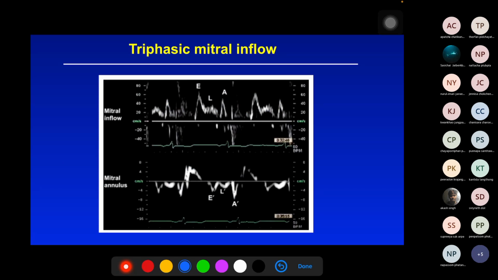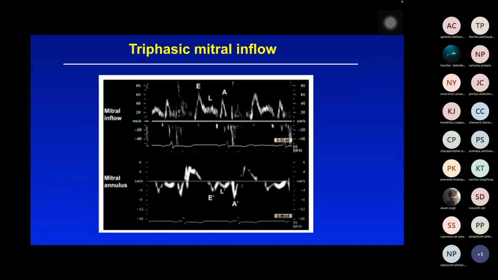This one is the L wave. Normally, you see E, then the third phase, diastasis, and then A. Sometimes we see that the diastatic phase is prominent. If it's prominent, it is called the L wave during the diastasis.